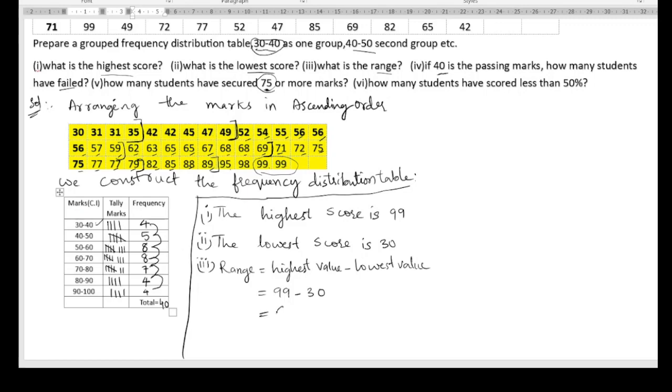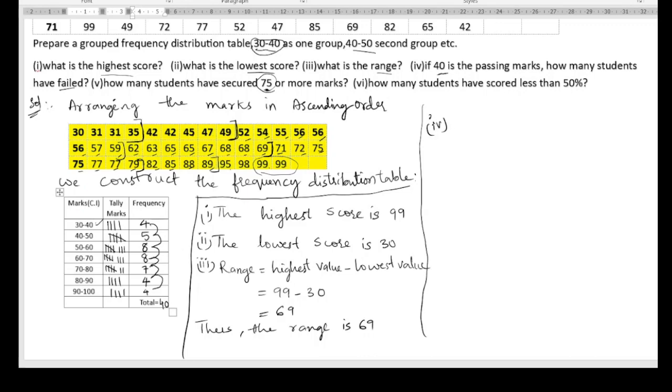So 99 minus 30 is 69. Thus the range is 69. Now we will go for the fourth part.